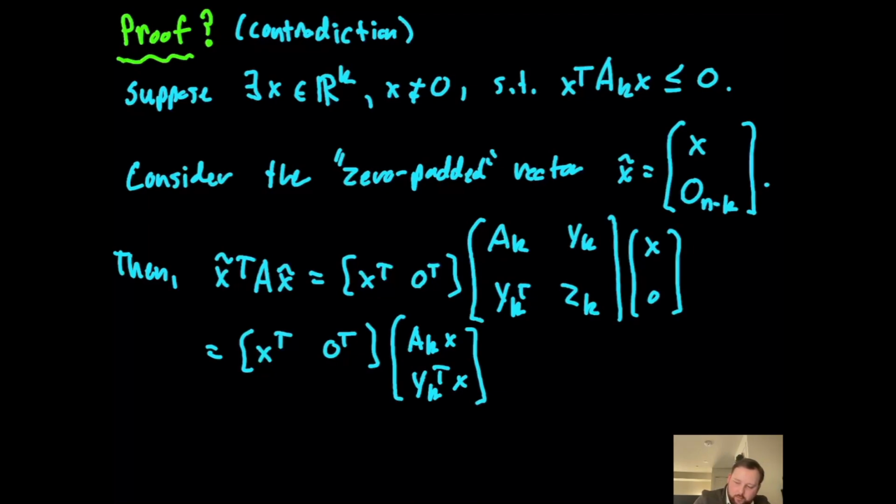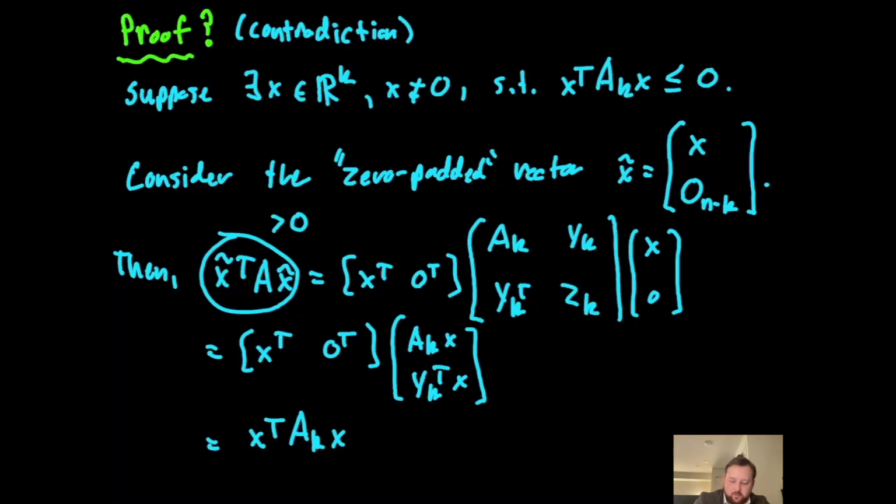And if we go one more step, you'll see that this is actually just equal to x transpose AK x. But we know that A itself is SPD, so whatever this is has to be greater than 0.